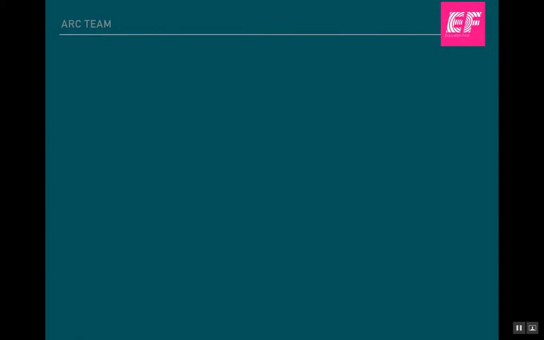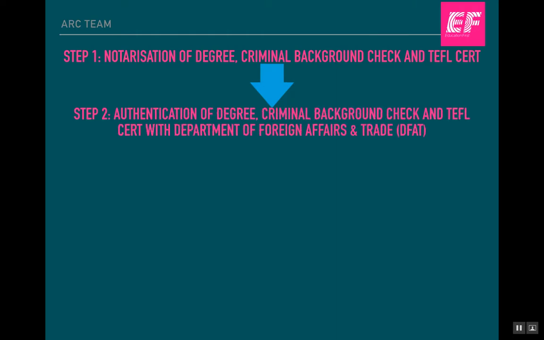So first thing we're going to do is take a look at the full process, each step, and then we'll look at each step a little bit more in detail. First of all, step one is notarization of your degree, your criminal background record check, and your TEFL certificate. Step two is authentication of your degree, criminal background record check, and TEFL certificate with the Department of Foreign Affairs and Trade, or DFAT.